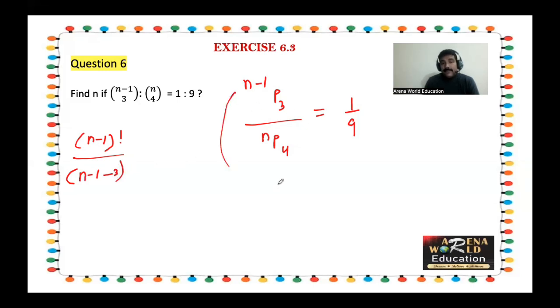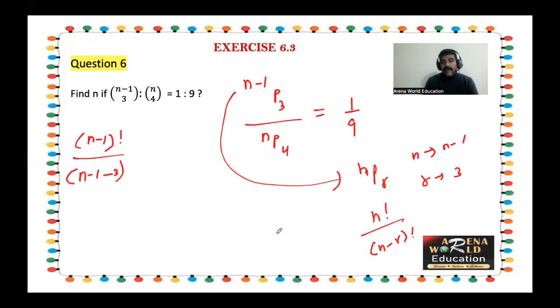If someone is confused by this, just write nPr here. Here n is n minus 1 and r is 3, right? Then you will not be confused, because nPr is n factorial divided by (n minus r) factorial.